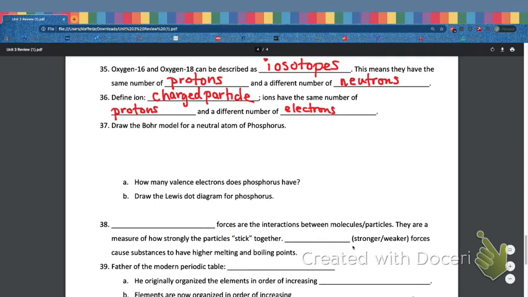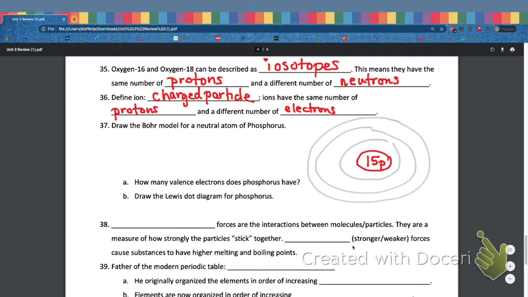So draw the Bohr model for a neutral atom of phosphorus. Phosphorus has an atomic number of 15. It doesn't tell us how many neutrons, so we're just going to put the protons in our nucleus here. And we're going to draw these on here. There's 2 on my first energy level, and then there's 8 on my second energy level.